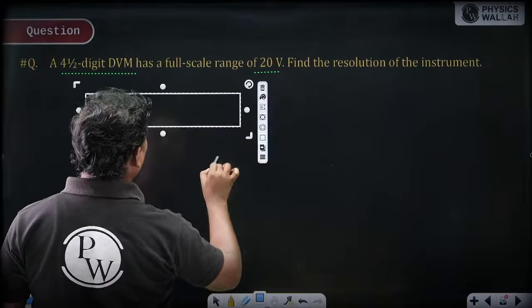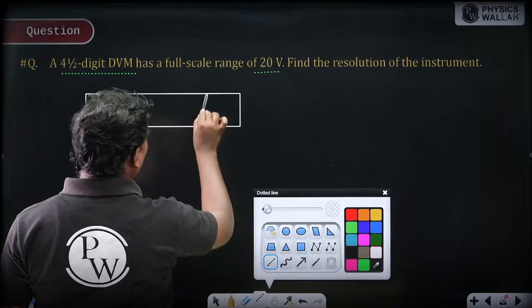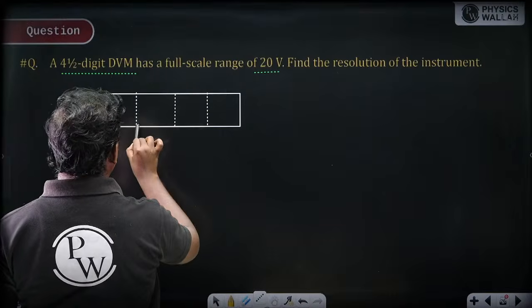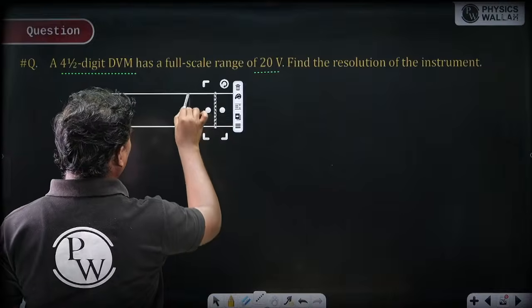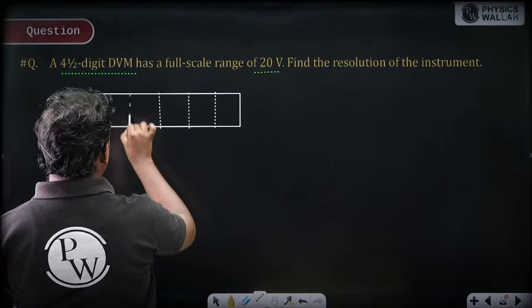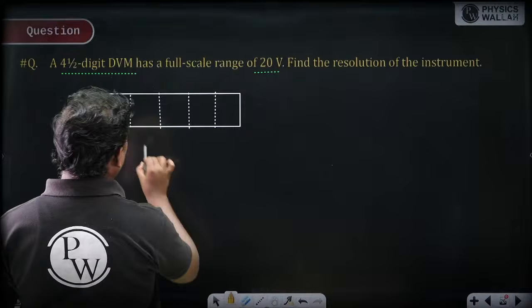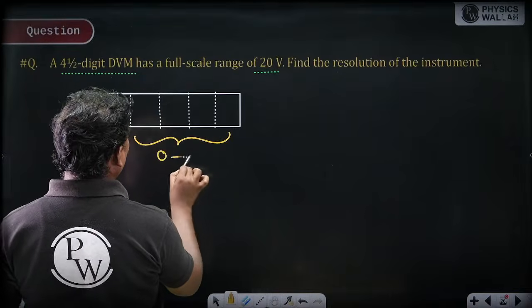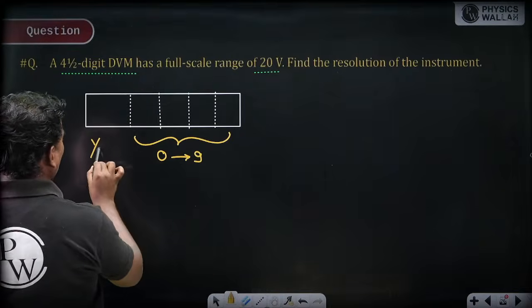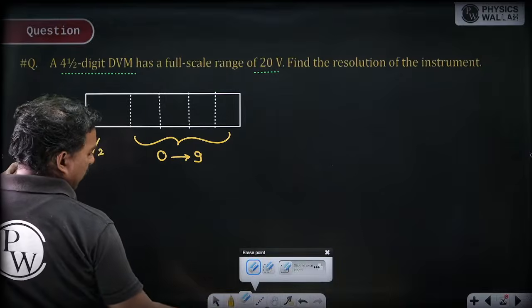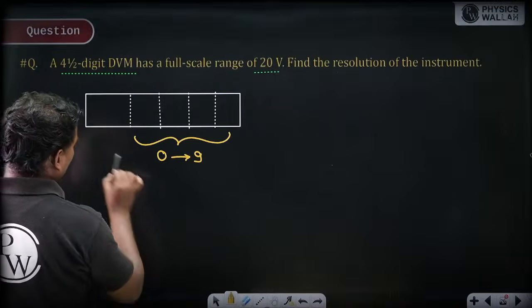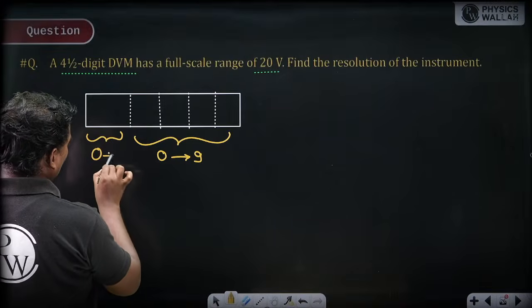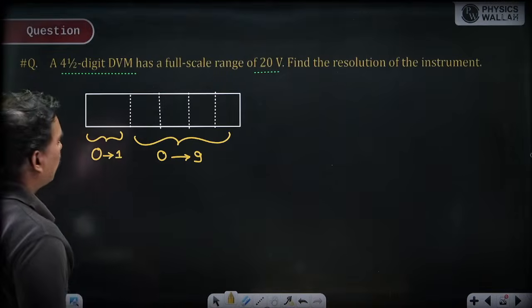So these are the 4 full digits, 1, 2, 3, 4, and a half digit. The full digits are 0 to 9, and this is a half digit. Half digit means 0 to 1.